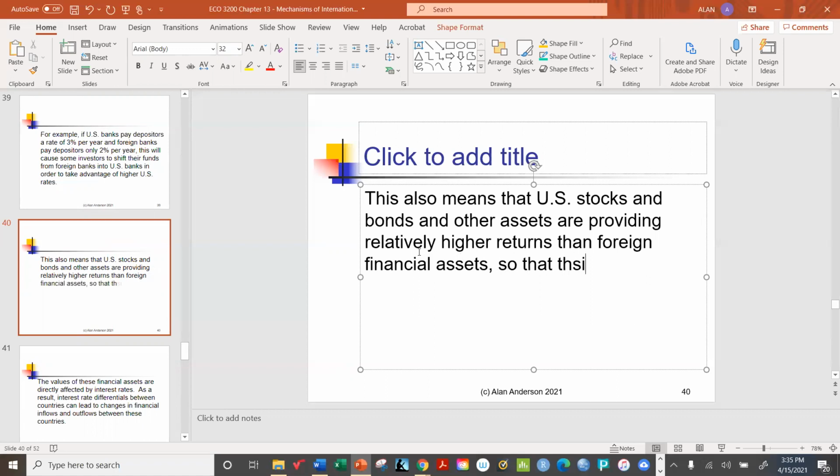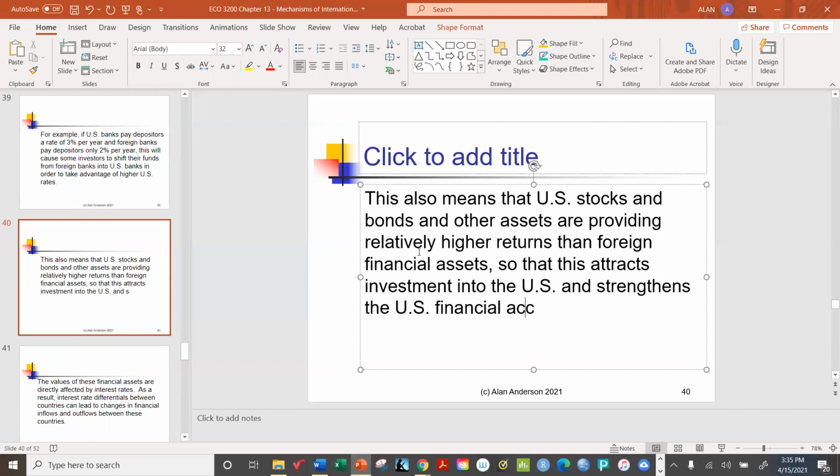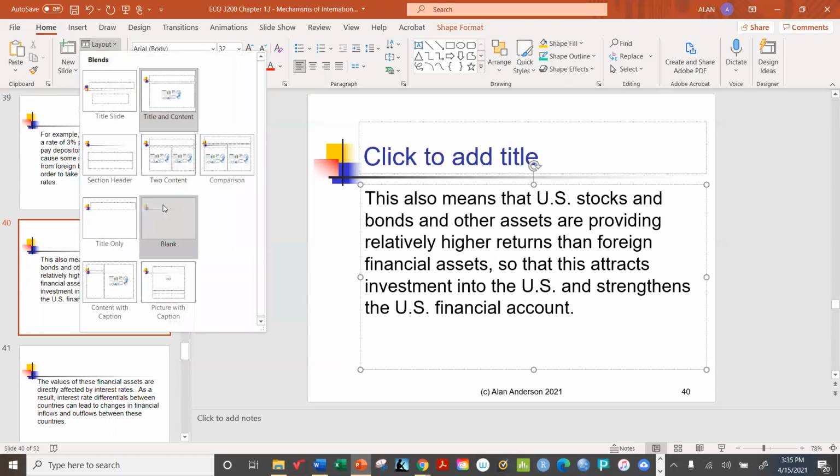So that this attracts investment into the US and strengthens the US financial account. That's if our rates are higher.